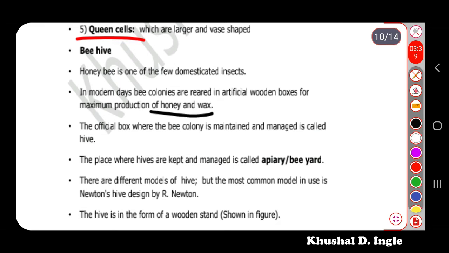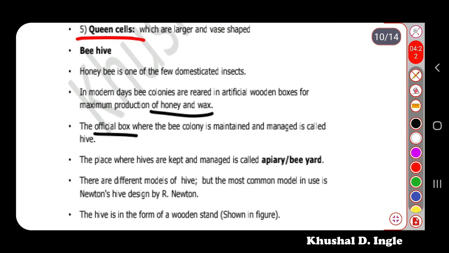Nowadays these colonies of the honeybee are reared in artificial wooden boxes, and these boxes are used for the production of honey and wax.